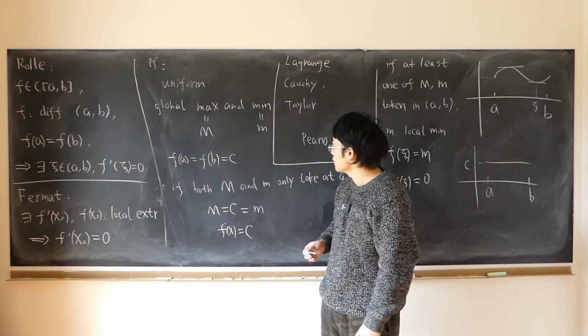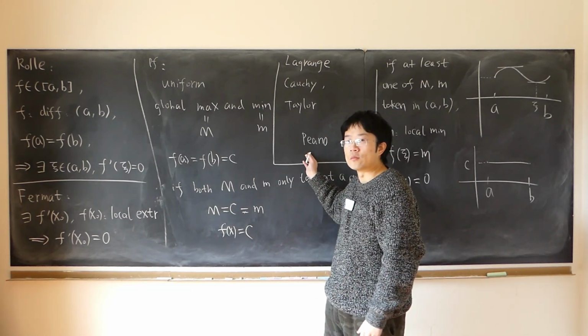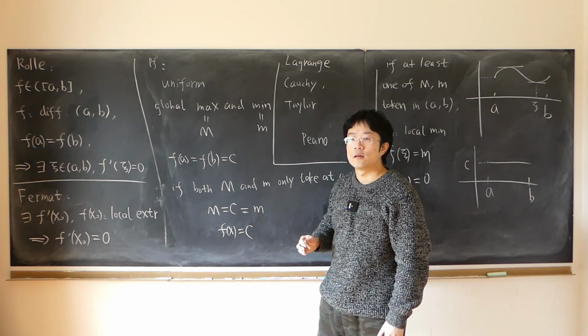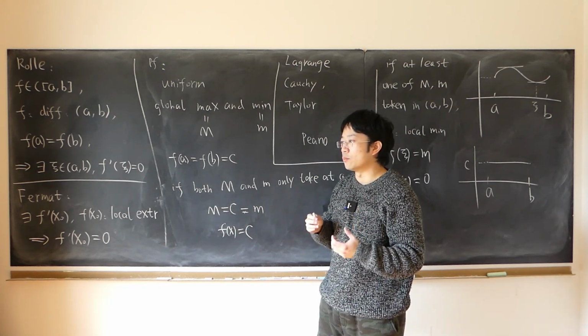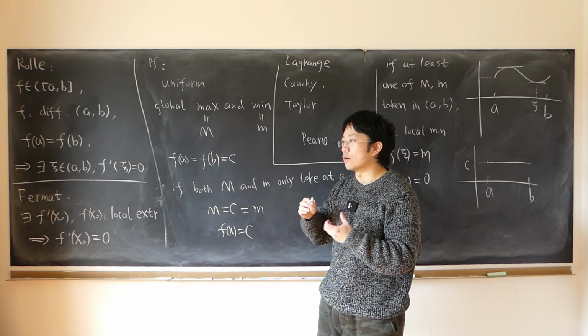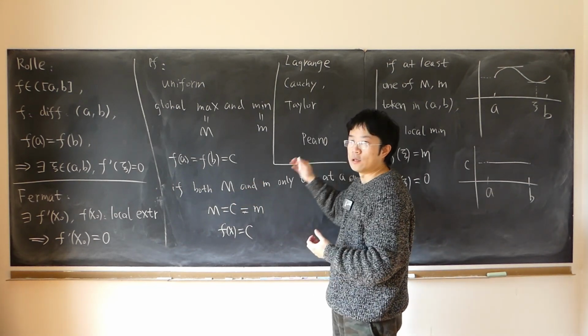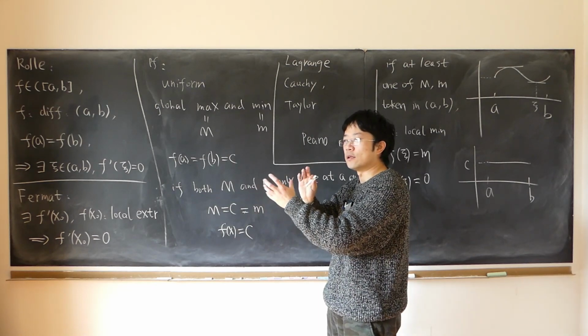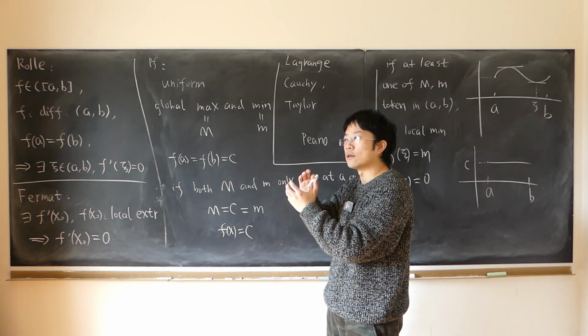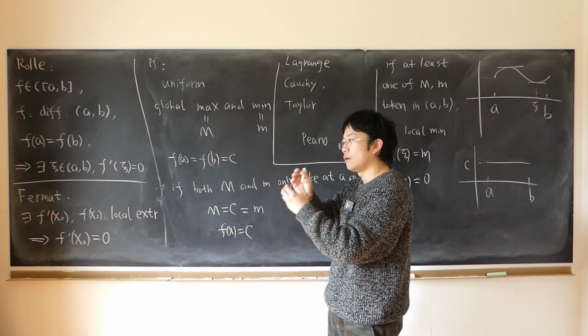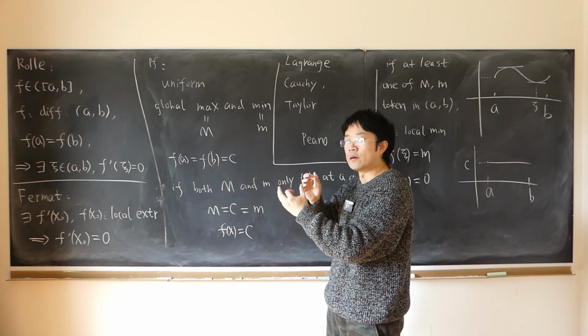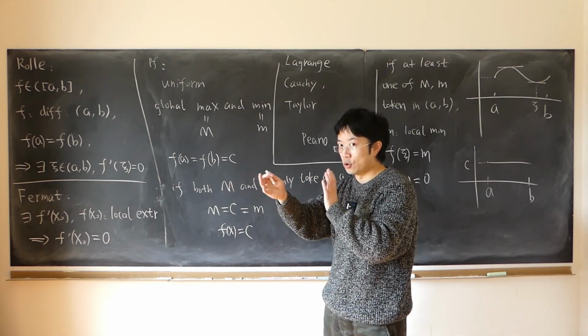But with the Peano remainder, we don't have the properties over a global context. We only know its property nearby x0. It's a local concept. It's only useful in the nearby neighborhood of x0.